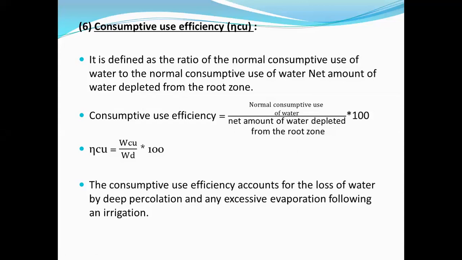It is also denoted in this form: eta CU is equal to Wcu divided by Wd, multiplied by 100. So the consumptive use efficiency accounts for the loss of water by deep percolation and any excessive evaporation following an irrigation.